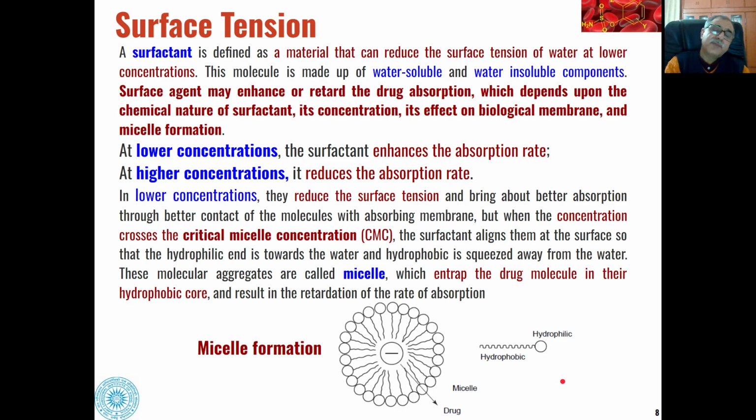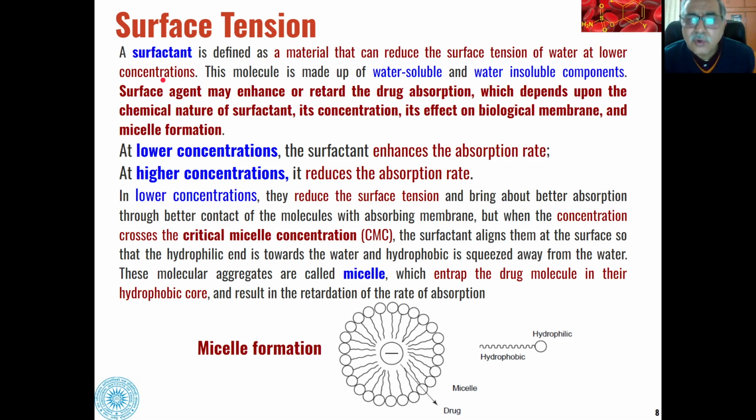Then the next property is surface tension, and a surfactant is a material that can reduce the surface tension of water at low concentration.